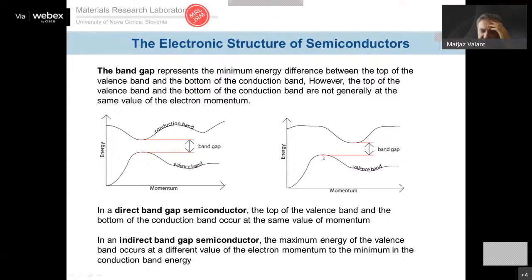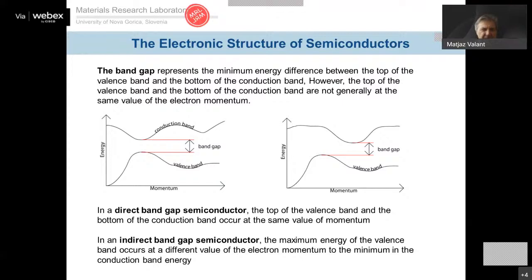Now, what we have to do in the case of indirect band gap is to have an interaction of three entities: electron, photon, and phonon. A phonon is capable of changing the electron momentum in the way that it gives or accepts some of the momentum of the electron. Namely, there is also something called the momentum conservation law.